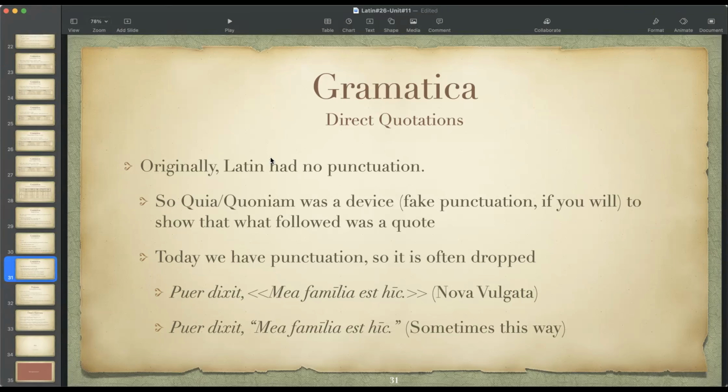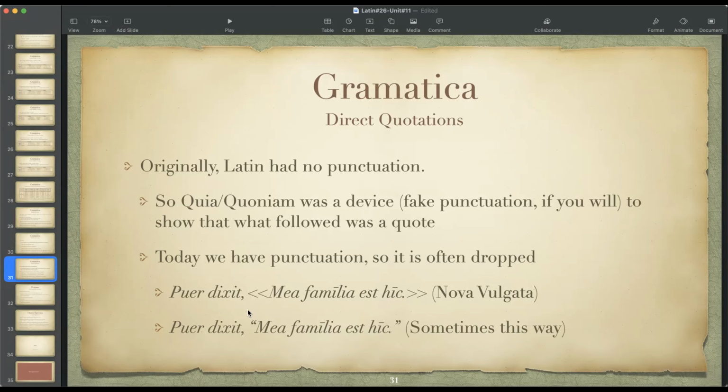So anyway, as I said, it was a device, or if you prefer, fake punctuation, to show that what followed was a quote. Today, you generally don't see that. Today, you generally see the punctuation in there. We've had about 500 years of punctuation, roughly, or let's say 400 anyway.